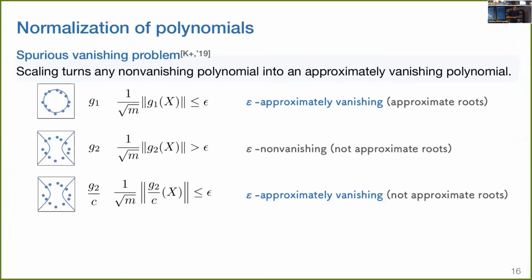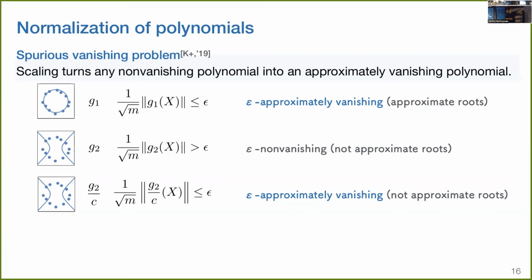These slides explain why normalization matters in approximate vanishing computation. The problem is called the spurious vanishing problem. It's very simple: scaling can turn any non-vanishing polynomial into an approximately vanishing polynomial.